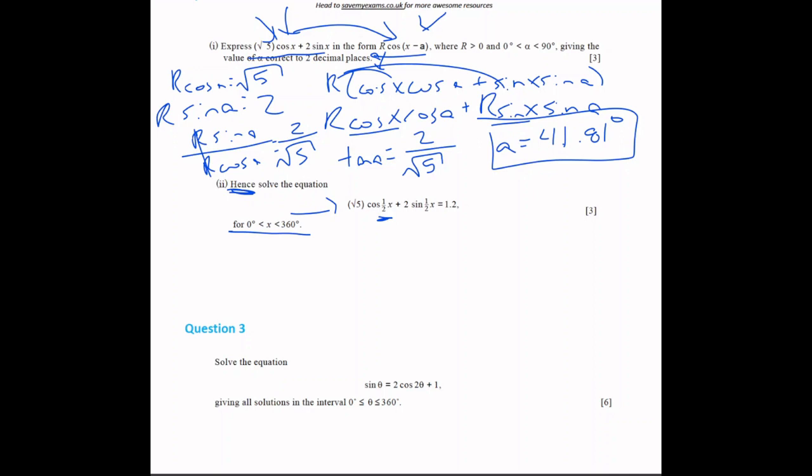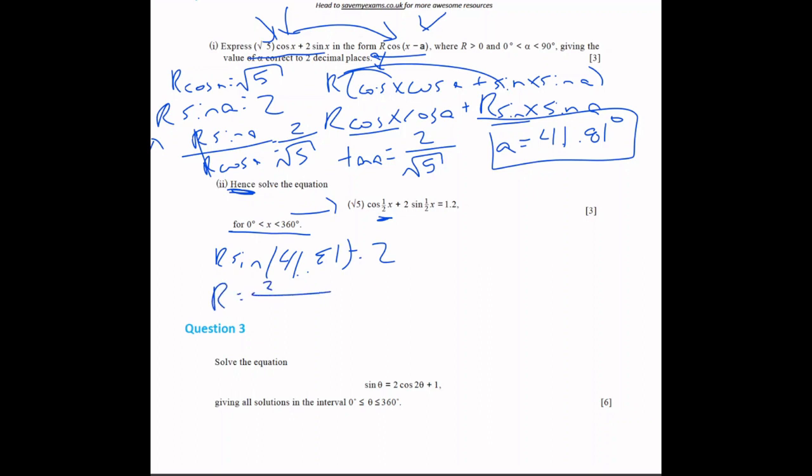To find r, we plug it back in. So I have r sine a equals 2. So I'm going to do r sine 41.81 equals 2. You can use either equation. I just saw that that one didn't have a radical, so it might have been easier to deal with. I'm going to divide by sine 41.81 on both sides.